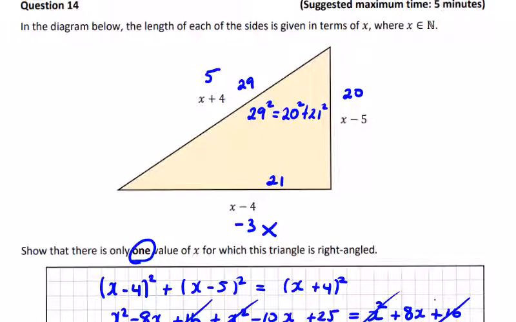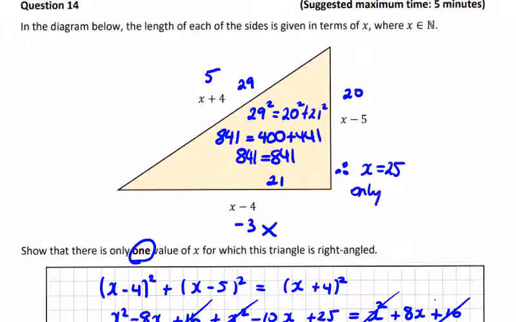Now I know 29 squared is 841. 20 squared is 400 and 21 squared is 441. We know our squares. 841 equals 841. Therefore, x equals 25. Only one value.